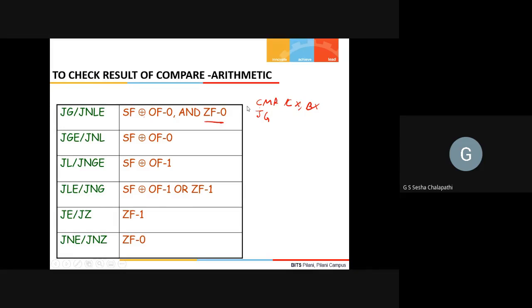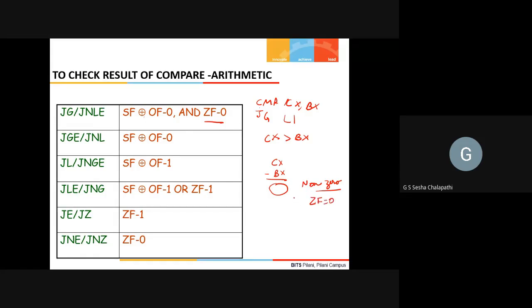Let us say we have CX and BX, JG L1. If CX is greater than BX, then if you subtract BX from CX, you should get a non-zero result. Otherwise it is not greater.